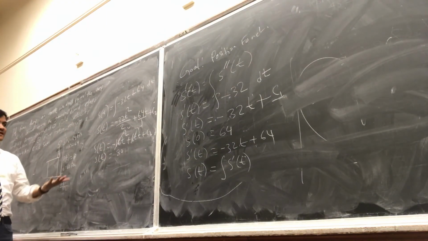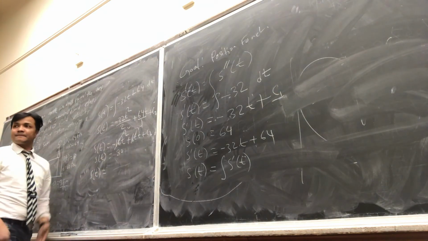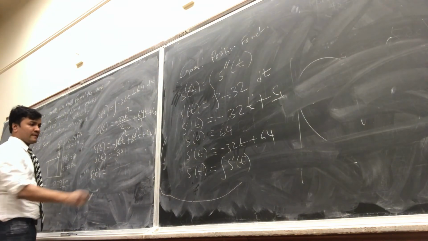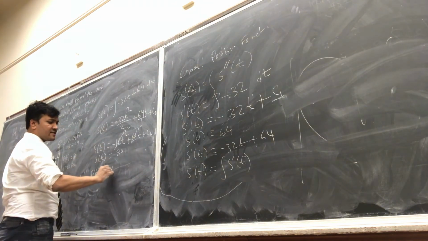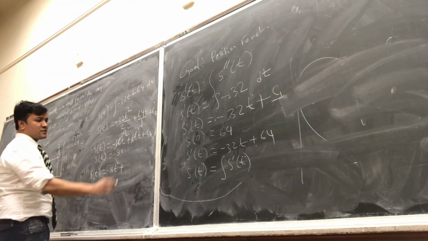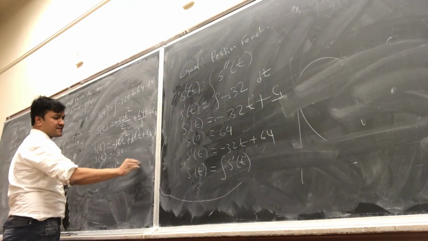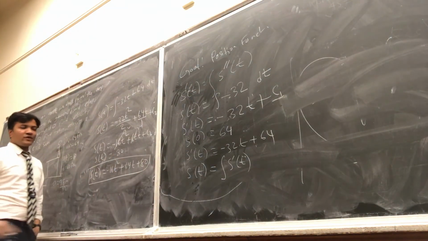So now we're going to put everything together. So s of t is equal to negative 16t squared plus 64t plus 80.